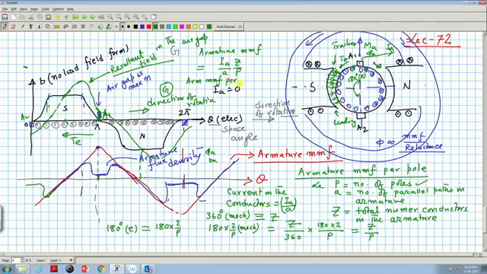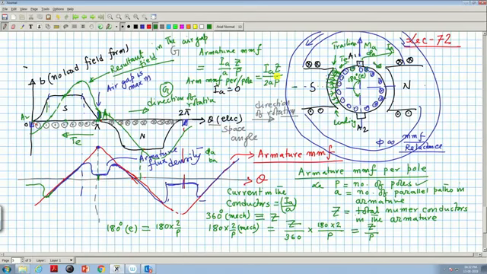let it be clumsy, but let everything be on this paper. Armature MMF per pole should be I A Z by 2 A P. I found out the total number of conductors.